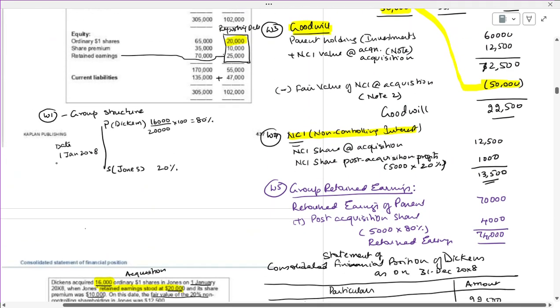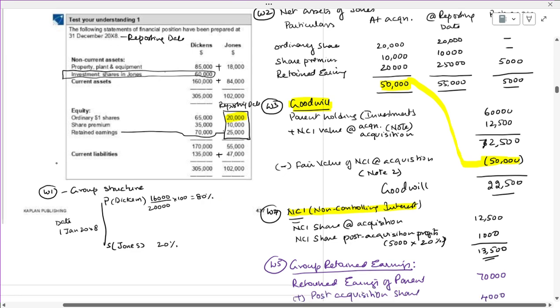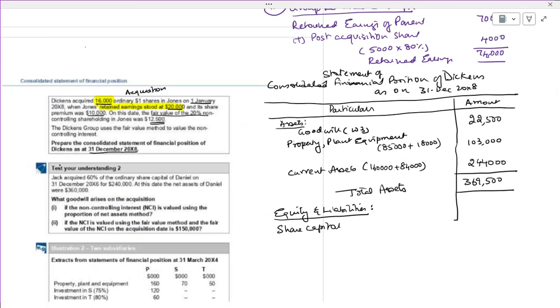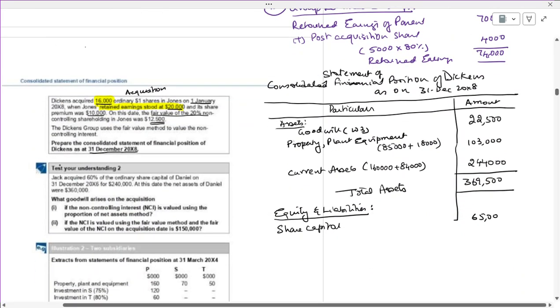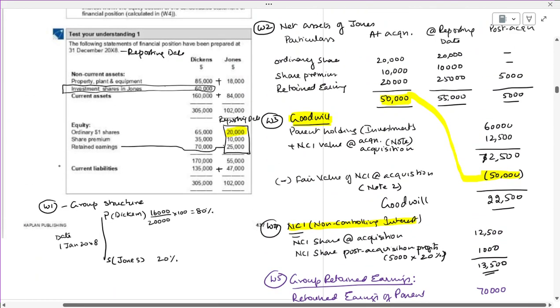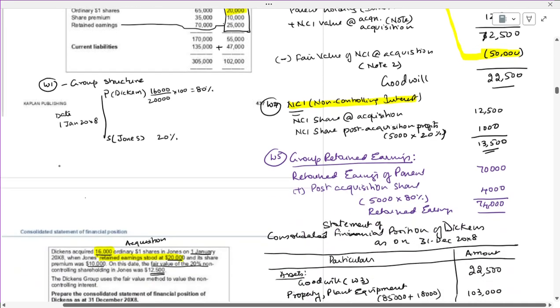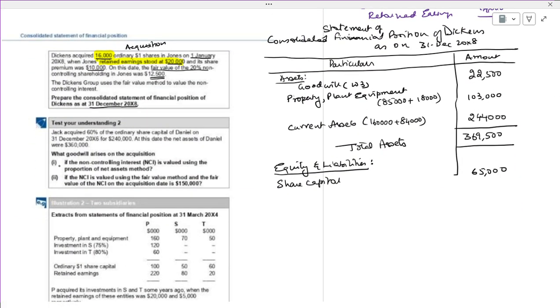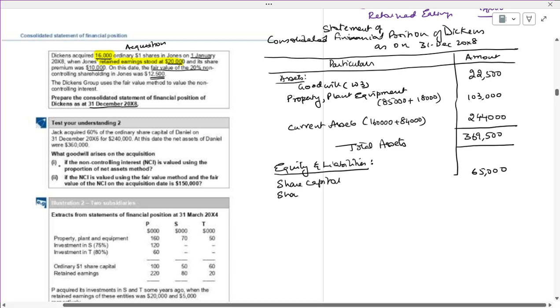How much is the share capital? 65,000. We will not take anything of the subsidiary, only NCI. And the share premium, only the parent's. How much is there? 35,000.